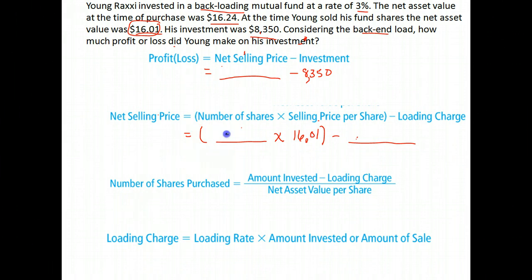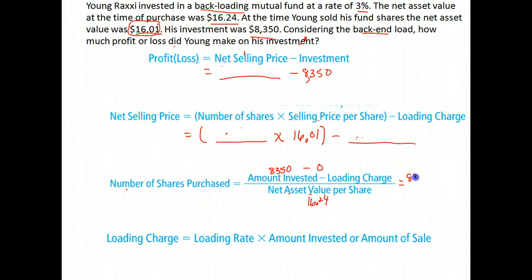Now, we need to fill in our blanks, so we need to find the number of shares and the loading charge. The number of shares, you take the amount you invested, which in this case was $8,350, minus the loading charge at the beginning, which is nothing, because again, this is a back-end load. And you divide it by the net asset value per share at the time of purchase, because this is the amount purchased, and that was $16.24.